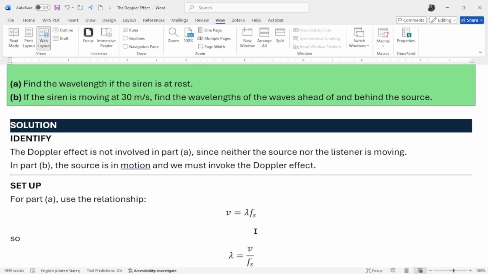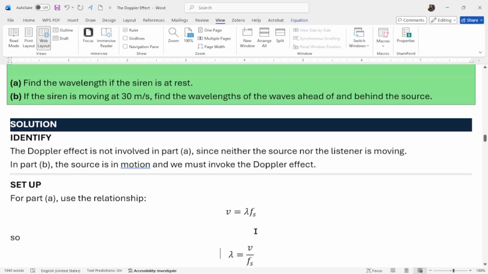Since neither the source nor the listener is moving, there's no Doppler effect in this condition in letter A. Now, in part B, the source is in motion, and we must invoke the Doppler effect here. So let us have the setup.